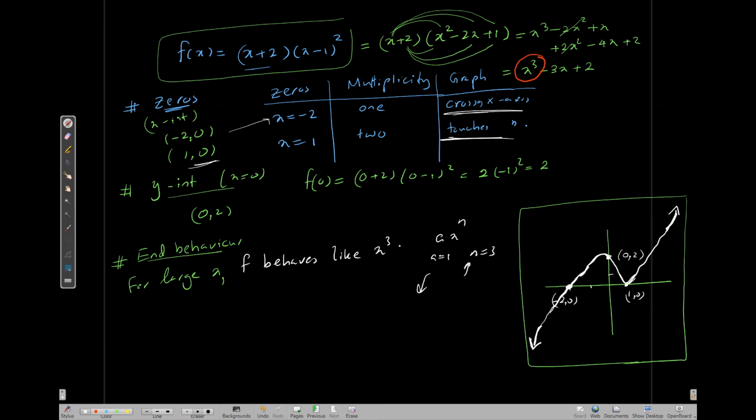Now, what if somebody draws it like this? Well, it's also okay, because at this point we don't know this maximum.